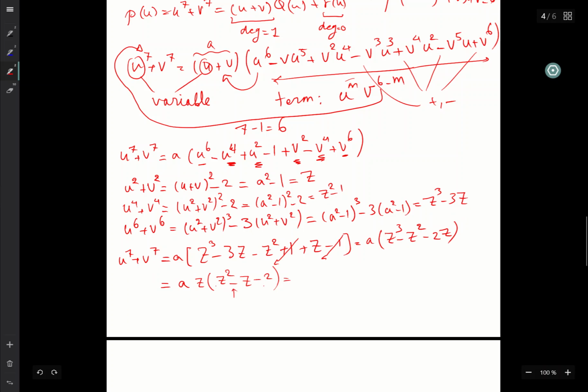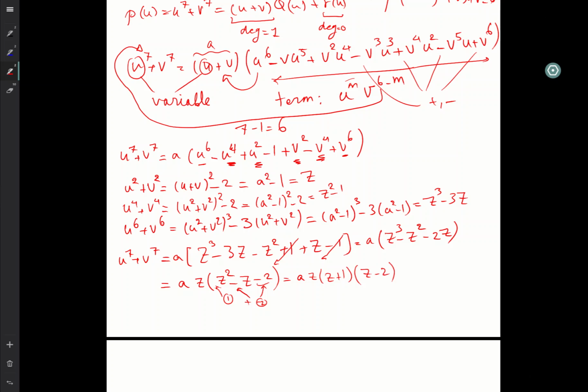Therefore one of the roots of this quadratic expression is negative 1. Remember, the coefficient here is 1, the coefficient here is negative 2, and the sum of the two is negative 1. So z plus 1. So one of the roots is minus 1, the other root, since the multiplication is minus 2, is 2.